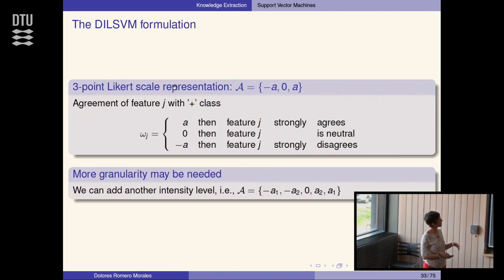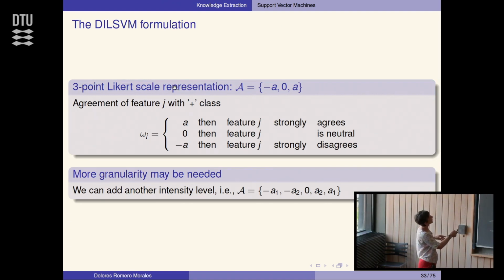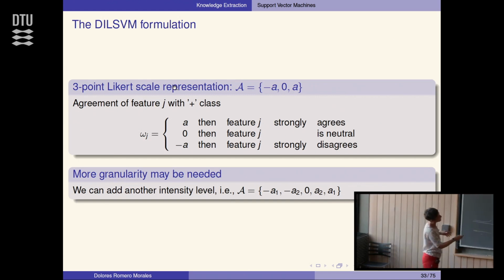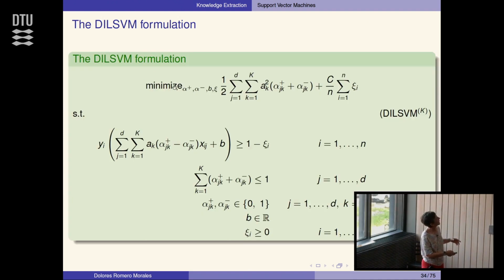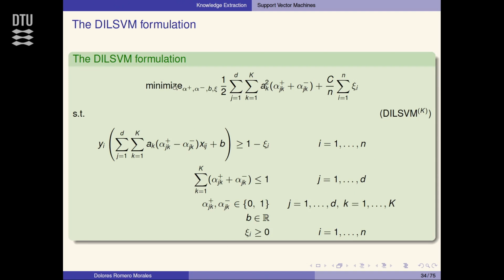So this is what I just showed to you, so I could have a 3 point Likert scale representation of the coefficient, or I could have a 5 point Likert scale. And this is the way my SVM with this discreteness is going to look, because now for every variable, I have to see whether I will take that discrete value, yes or no. That's what I'm doing there.